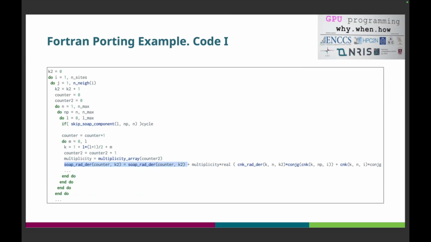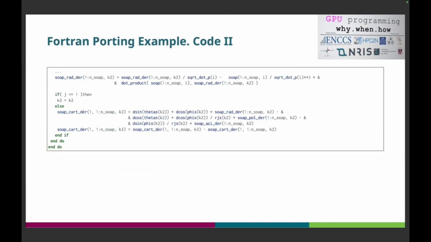For each pair ij, for each index K2, we have these 4 loops which are just adding something from some other variables.